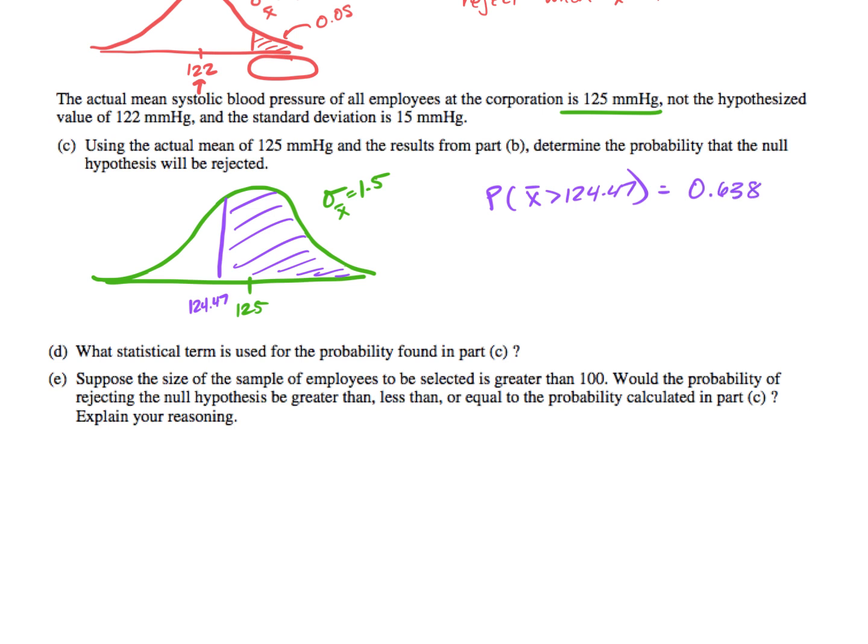Now, we could write that as the probability x bar is greater than 124.47. Another way I could write that is, what is the probability I reject the null hypothesis? And if the true mean is 125, should I reject the null?